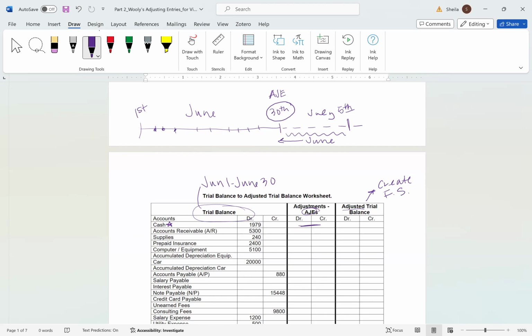So that's the process of the close system. Every company takes a little bit of time to close their books at the beginning of the month. They are closing the previous month. So we are actually in the month of July recording things for June. Everything gets assigned a 30th date, or whatever the last day of the month is. Adjusting journal entries are always recorded as of the last day of the month.